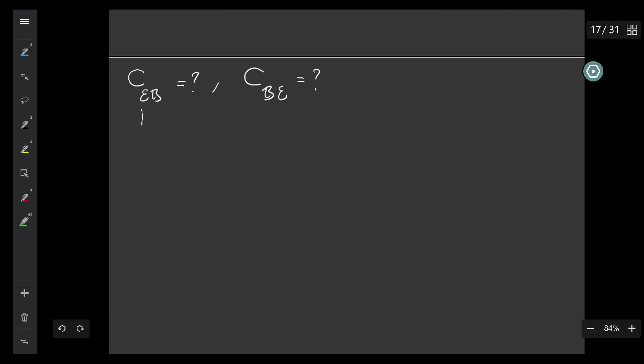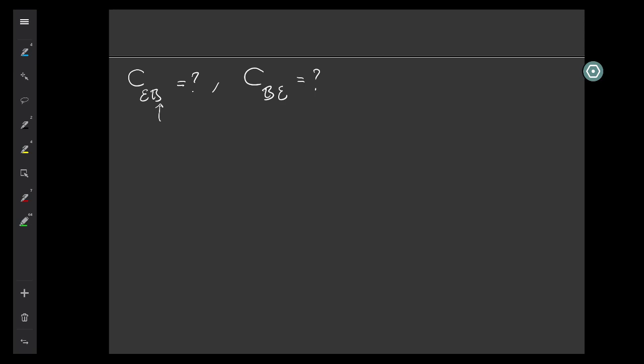We have to write elements of the basis B in terms of E. As I said in the other video, if you are going from B to E, convert all your B's to E's.